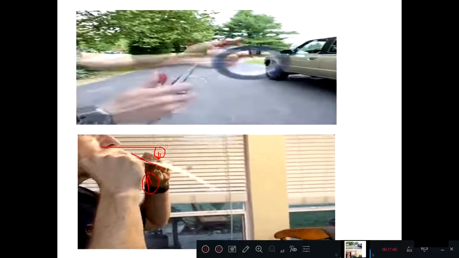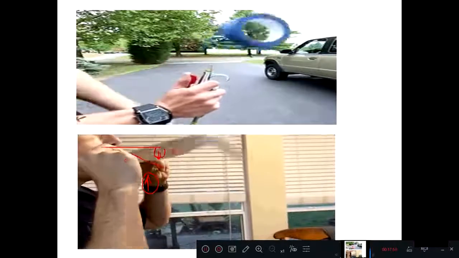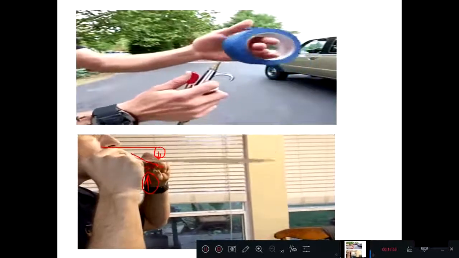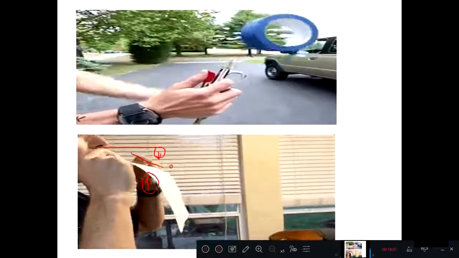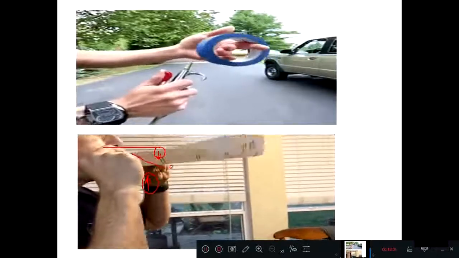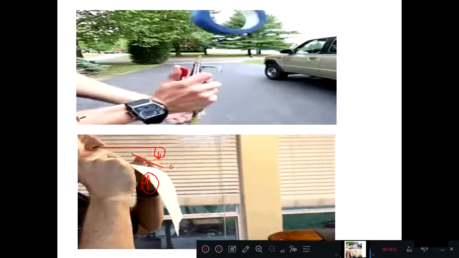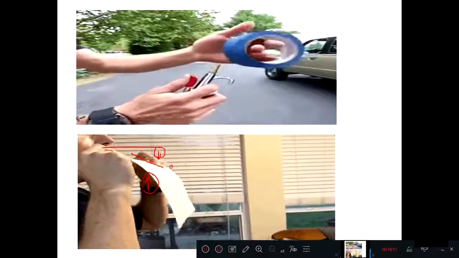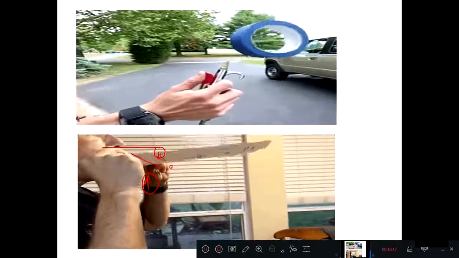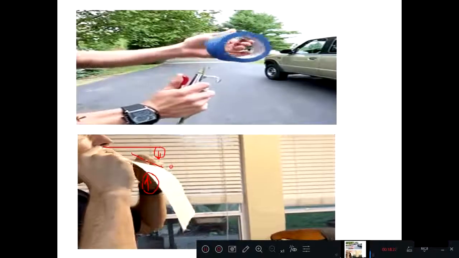This happens because of the principle of Bernoulli. So these are some of the practical applications of Bernoulli's equation. The only thing you have to remember is that pressure is inversely proportional to velocity, or in a streamlined flow the total energy remains constant. That is the principle of Bernoulli.